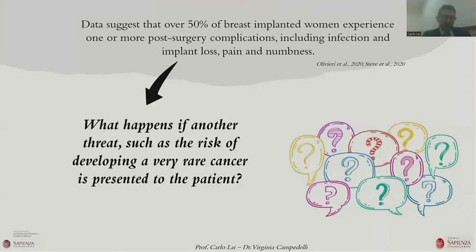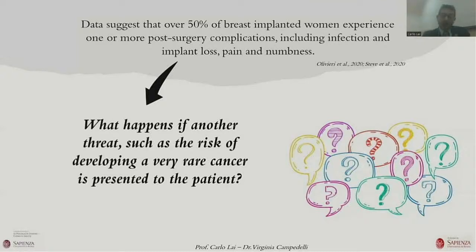But what happens from a psychological point of view when a woman has this bad outcome from implantation? We have very few data about this, probably because there are very few reported cases, and so it is very difficult to study the psychological implications in these women, because it's very difficult to identify them.